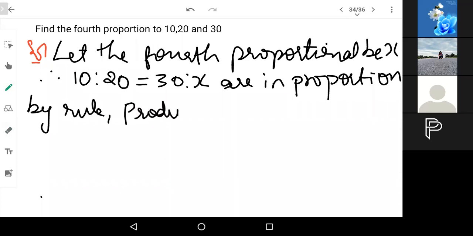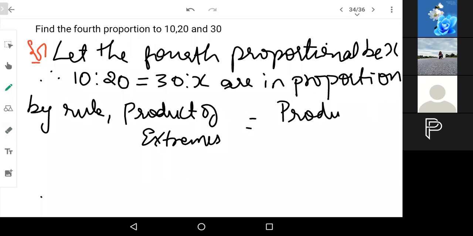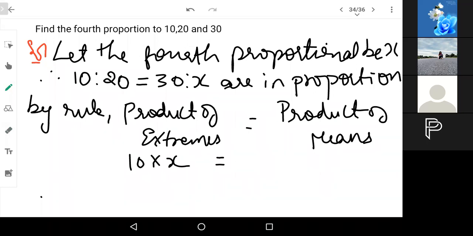Write all the formulas. Product of extremes is equal to product of means. So 10 into x is equal to 20 into 30. So 10x is equal to 600.